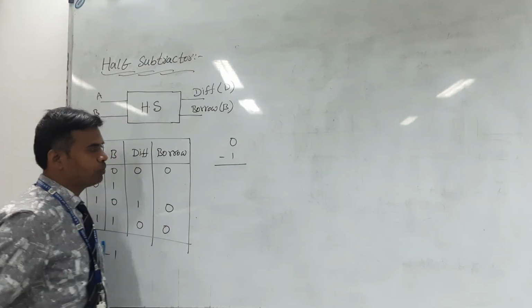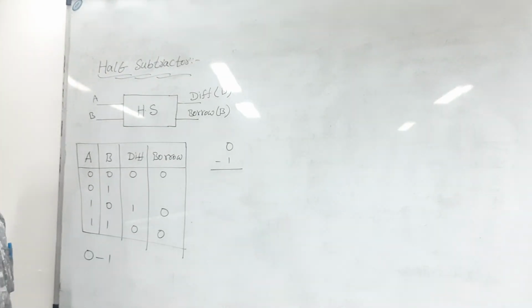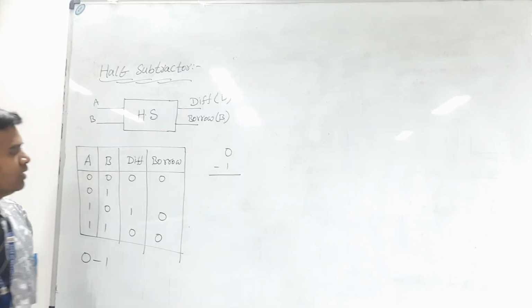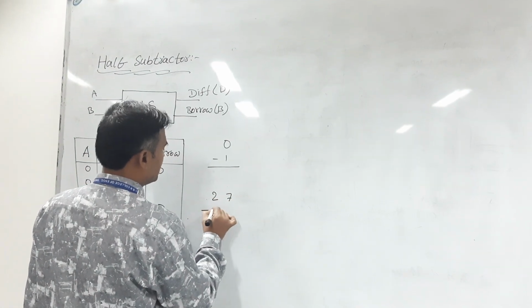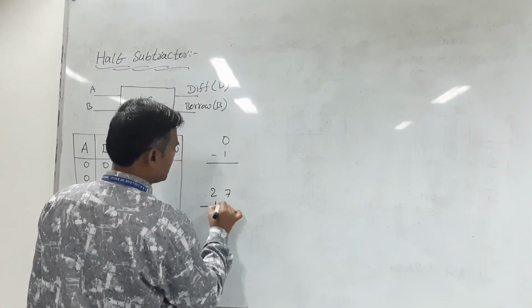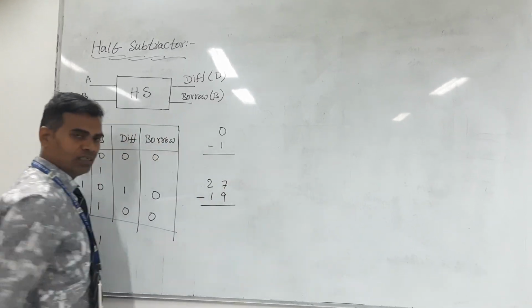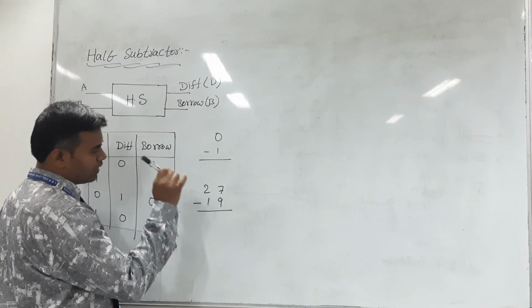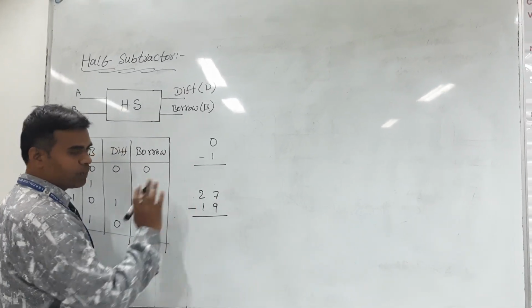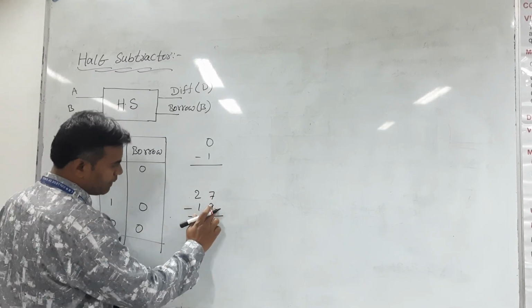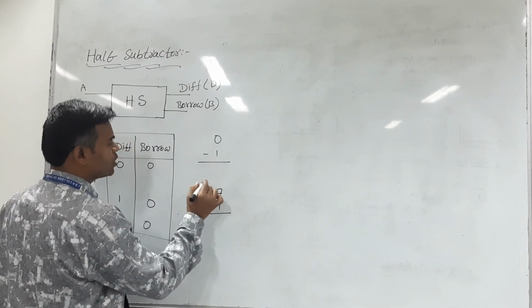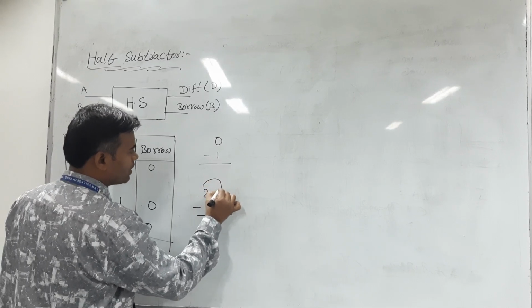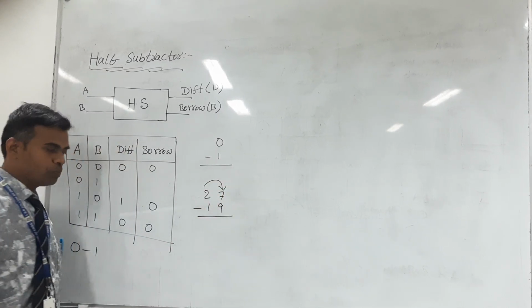Subtraction is generally not possible in the decimal number system when, for example, you have 27 minus 19, just for understanding purposes. 7 minus 9: subtraction is not possible. When the subtraction is not possible, we take a borrow from the next position.